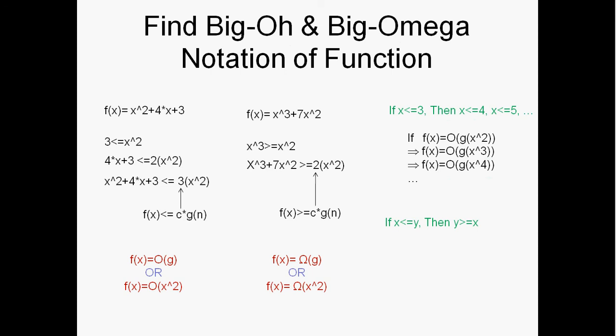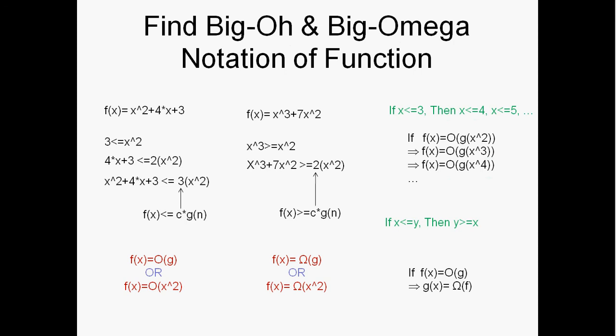Now I'll ask: if x is less than or equal to y, then obviously y is greater than or equal to x. That's true. This should also be true in this relation. If function f is in the order of g, or big O of g, then g is big omega of f. That also works, right?